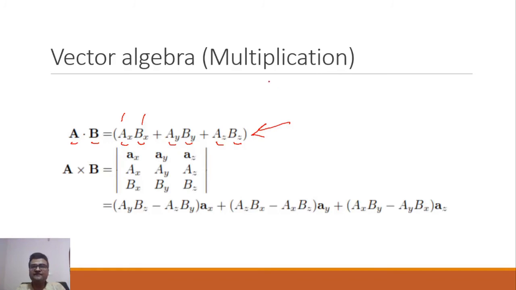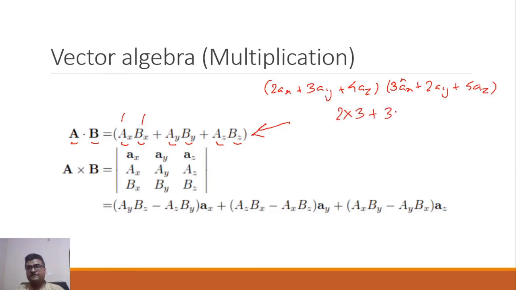Let's say we have a vector 2AX, then 3AY and 4AZ. If we want to multiply another vector with this, let's say 3AX plus 2AY then 5AZ, what we need to do is multiply 2 and 3, then multiply 3 and 2, then multiply 4 with 5, and add all these.